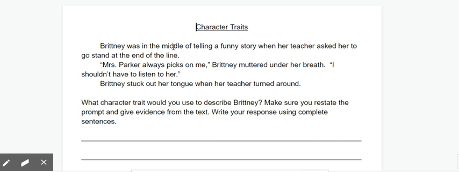So first of all, let's think to ourselves, what actions did Brittany do in this story? The story is only 3 sentences long, so it's not going to be that difficult to come up with an action. And then also, what did she say? And when you're looking for an action and when you're looking for dialogue, look for ones that will help you determine the character trait.